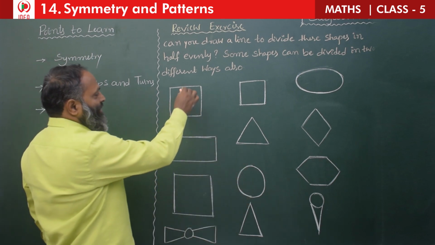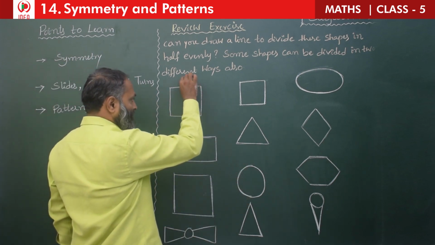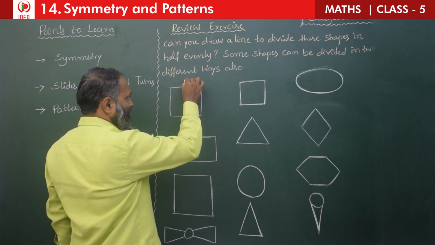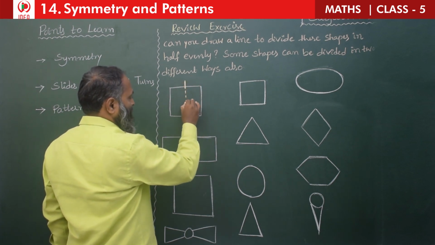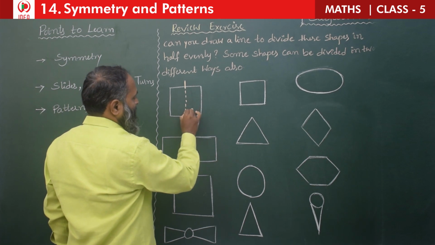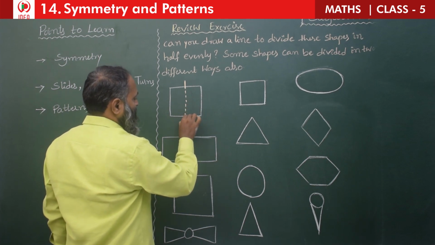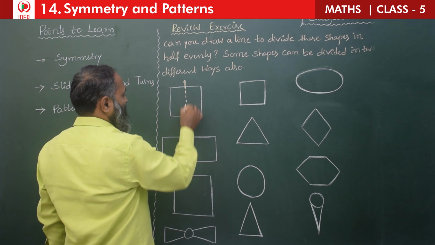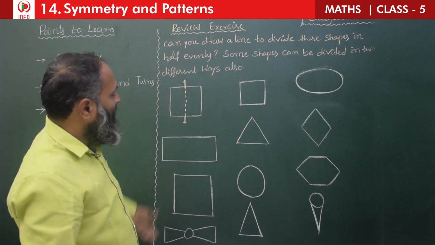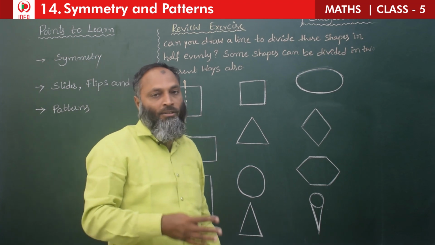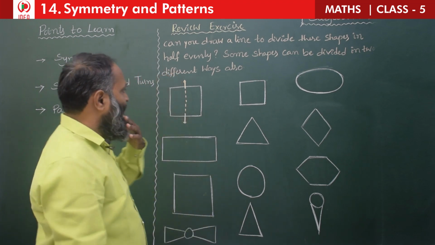In a square, if you draw a vertical line in the middle, it divides the square into two equal halves. And here we can draw one more.